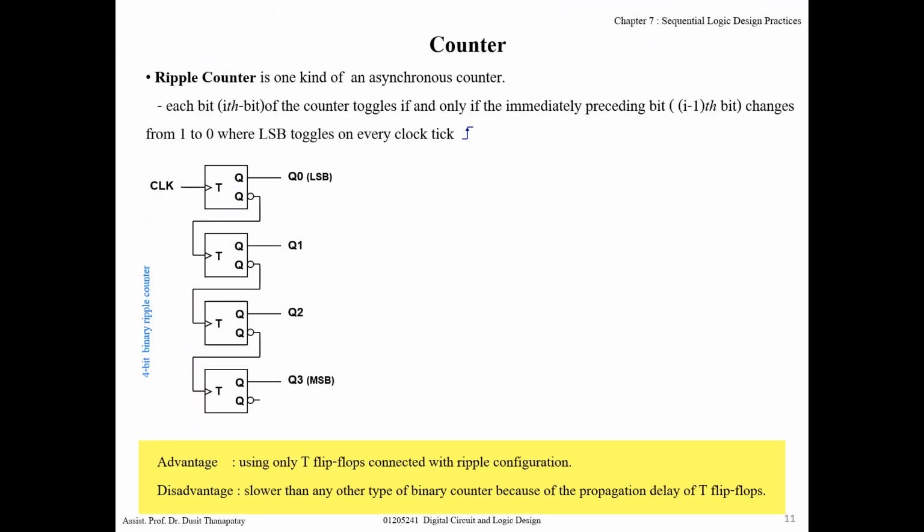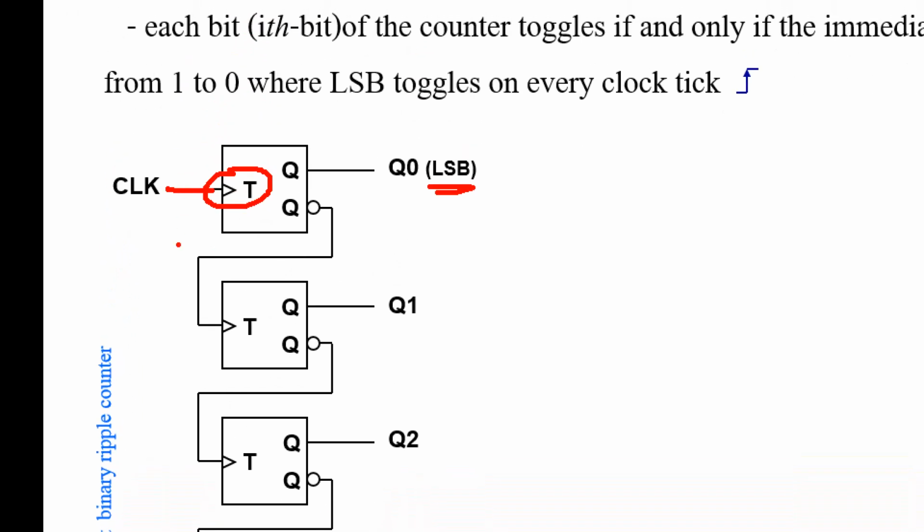Let's consider this one. For this one, we use T flip-flop. Do you remember? For T flip-flop, when clock tick, the toggle occurs for the output. So for LSB, it's very easy, right? You connect the clock directly to the T flip-flop.